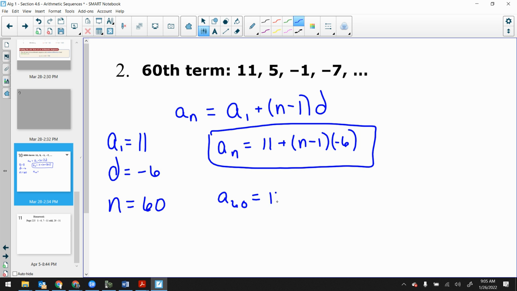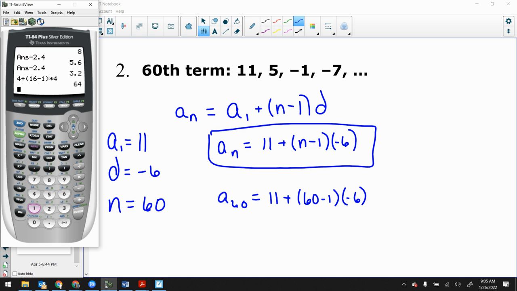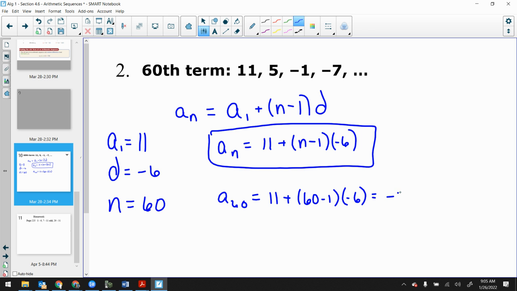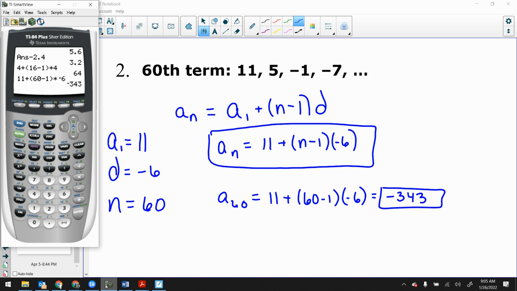So that means 11 plus 60 minus 1 times negative 6, and that would be negative 343. That's the 60th term in this sequence.